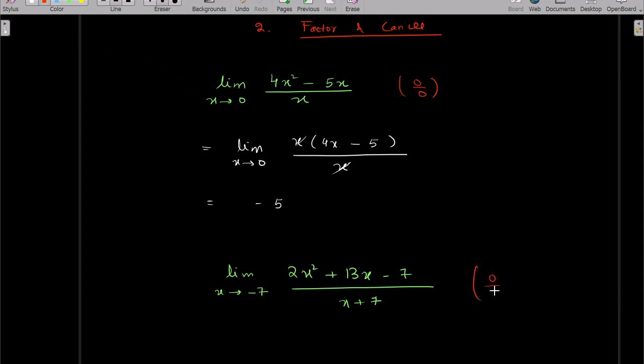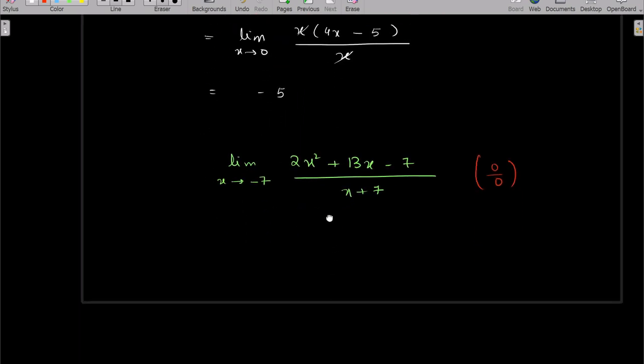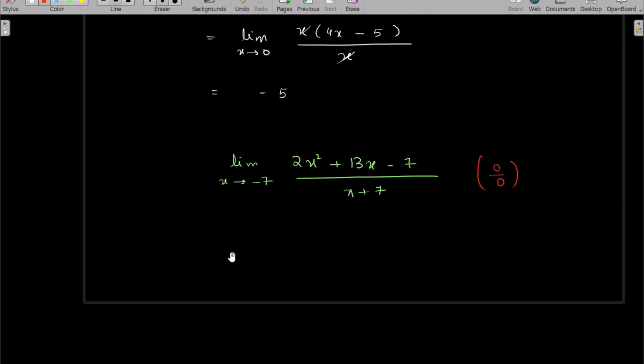We should factor. So what will you factor in this case?